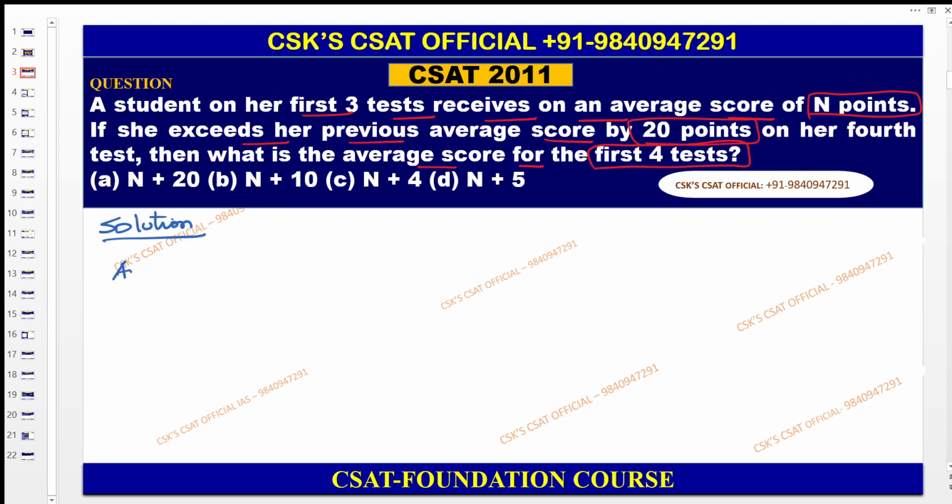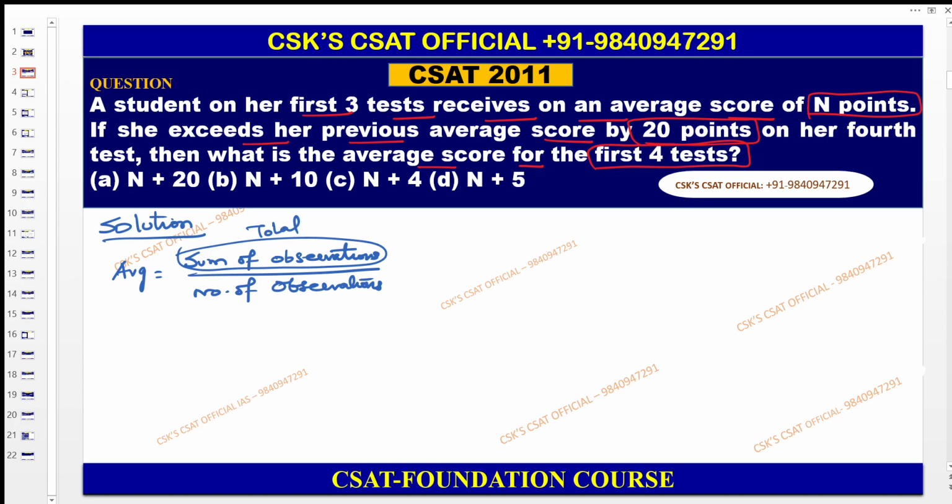So average is equal to sum of the observations by number of observations. In some cases you people take this as a total also, right? Anything is fine.